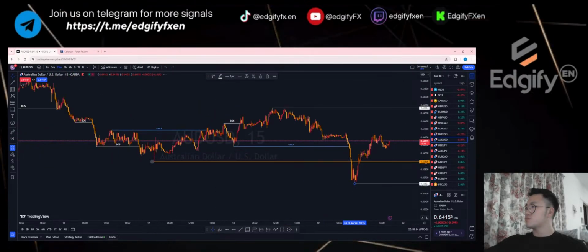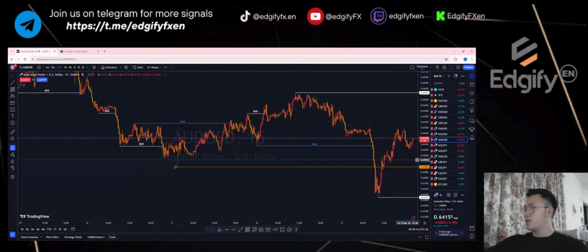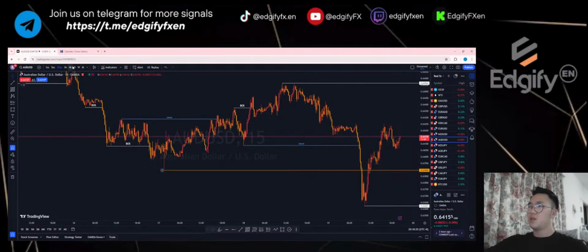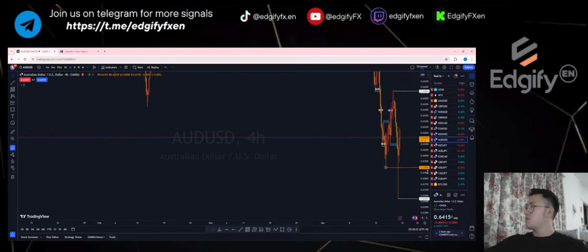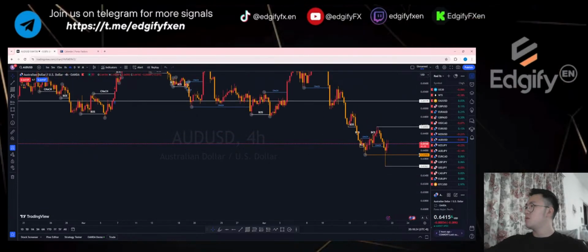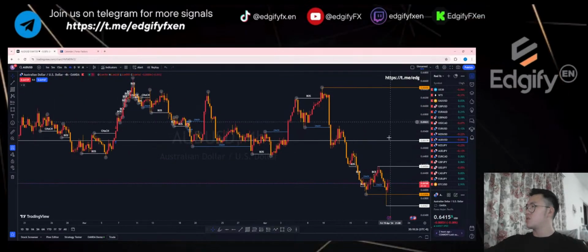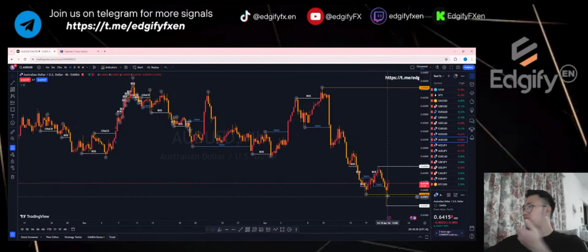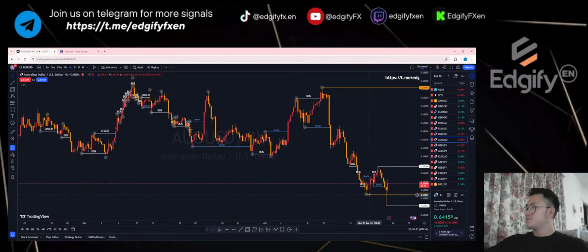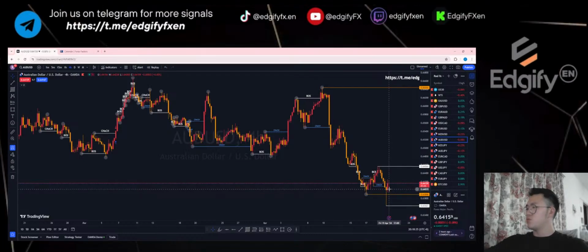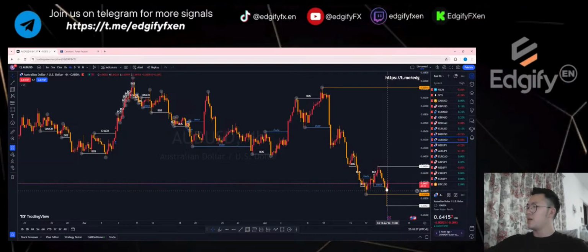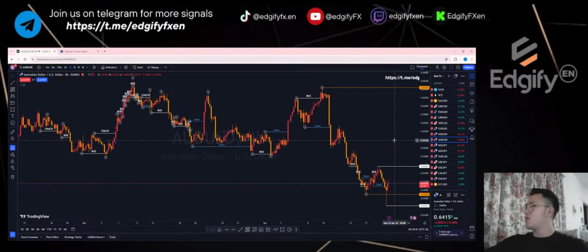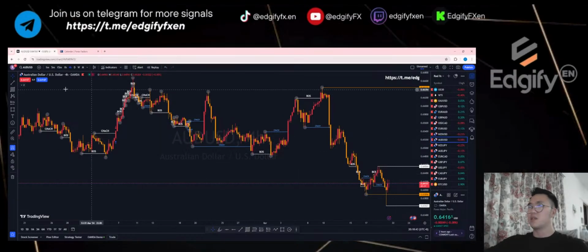All right, so AUD USD, you can just look for sells, because according to the 15 minutes it's a downtrend. But if you look at hour 4 as well, it's also moving downwards. The thing with AUD USD is it's dumping quite far, right? I'm looking to see if a buy could happen, then we can buy it back to the 50, and then on the hour 4, on the bigger time frame, we can start selling it again.